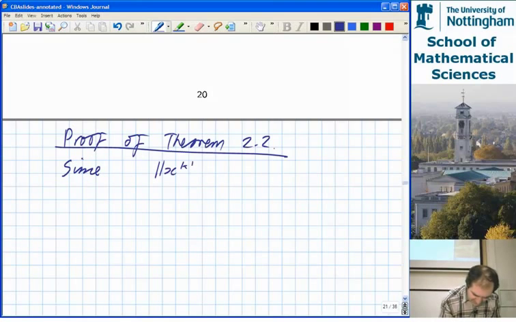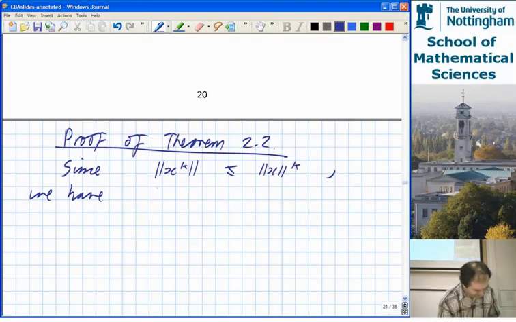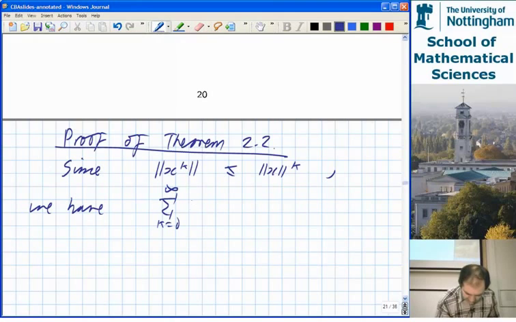Since the norm of x to the k is less than or equal to norm x all to the k, we have the sum from k equals 0 to infinity of the norm of x to the k.